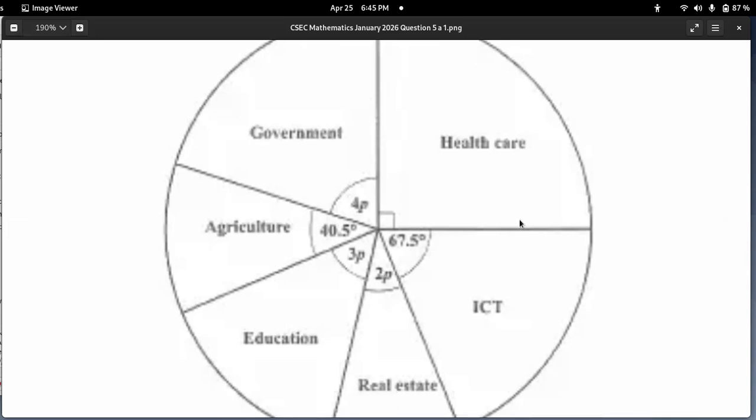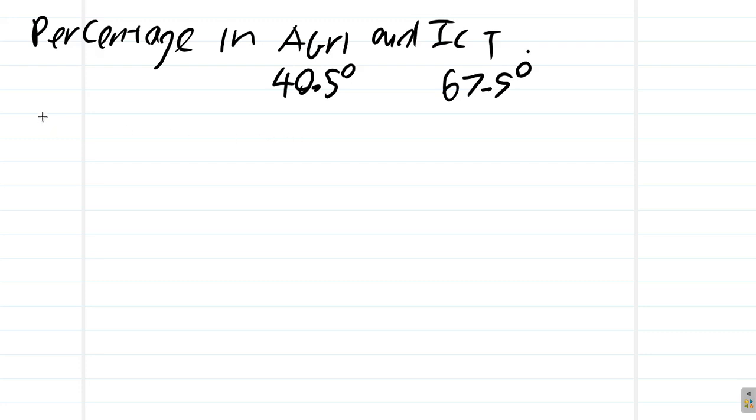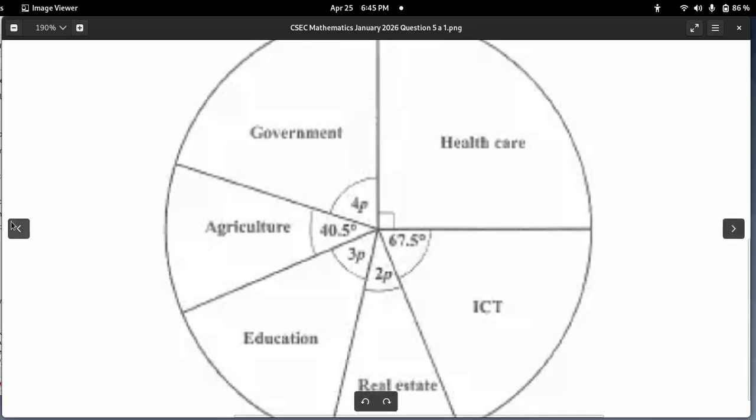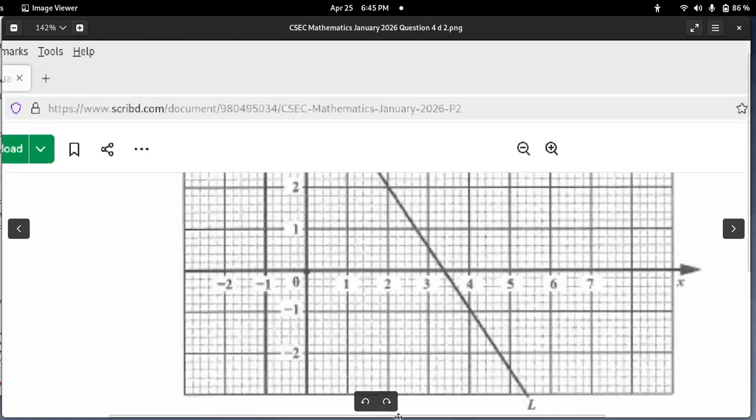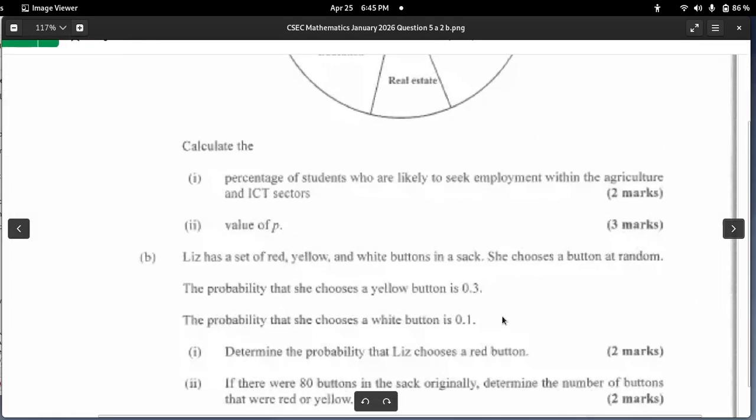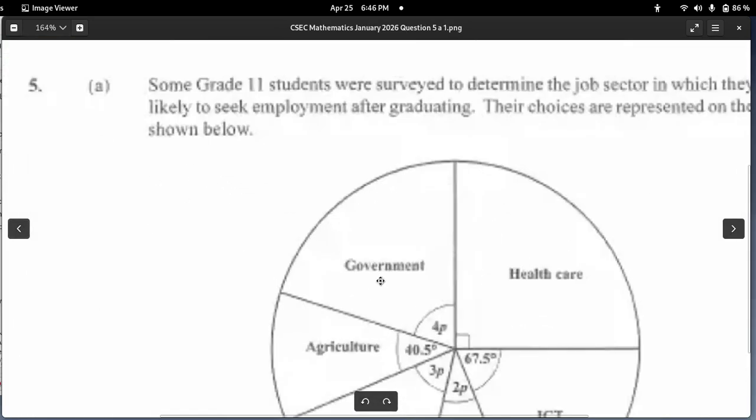Now, it's a pie chart, it's a full circle. What's the total angle in a circle again? Okay, 360 degrees. So the total is 360 degrees. You're asked for the percentage of students in the agriculture and ICT sectors.